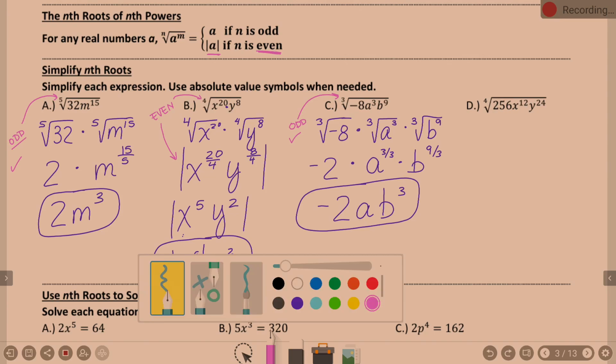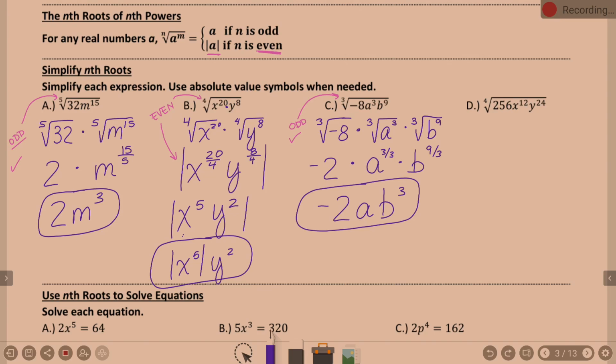Quickly, we're doing what? The fourth root of 256, the fourth root of x to the 12th, and the fourth root of y to the 24th. Bigger number. What's the fourth root of 256? You have a calculator, right? 4. It is 4.